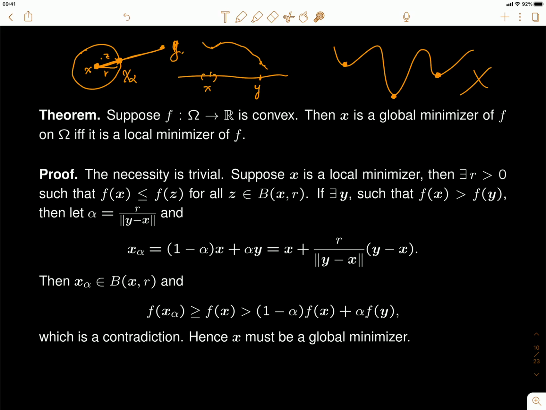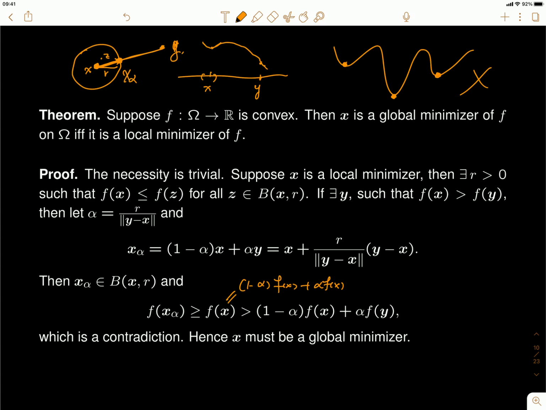And now I know that x alpha is in the neighborhood of x, so its function value must be bigger than or equal to f of x, since x is a local minimum, is optimal near in this circle or in this ball. So on the one hand, I know this is true. On the other hand, I know that this f of x can be written as 1 minus alpha times f of x, plus alpha times f of x.